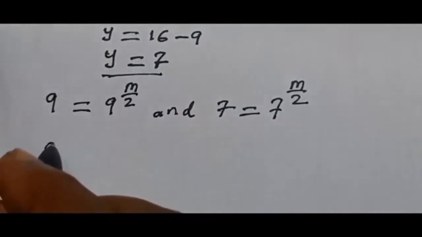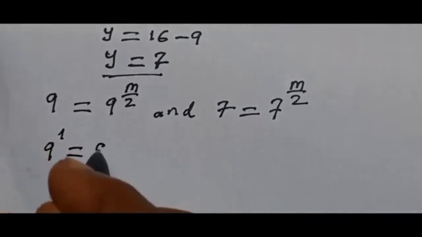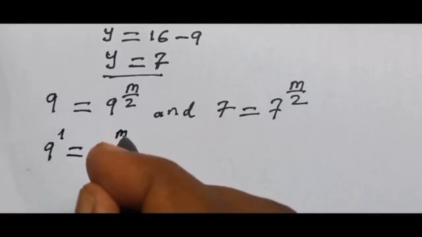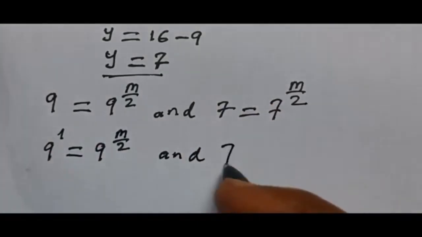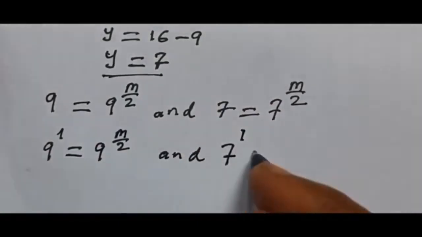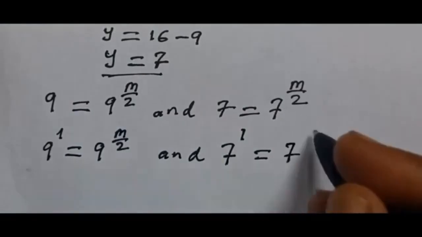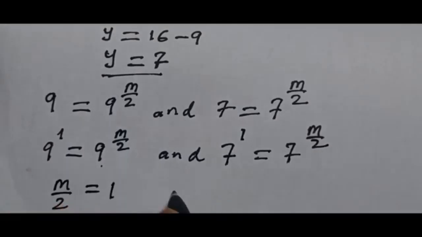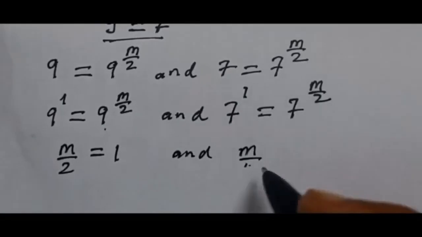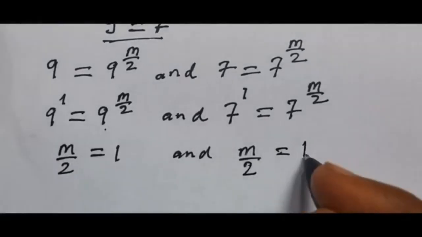This is the same as to write 9 power 1 equals 9 raised to power m over 2. And this one is the same as to write 7 raised to power 1 equals 7 raised to m over 2. Since they have the same base, compare the exponents. So we have m over 2 equals 1 and m over 2 equals 1.